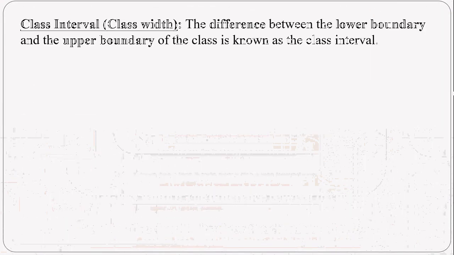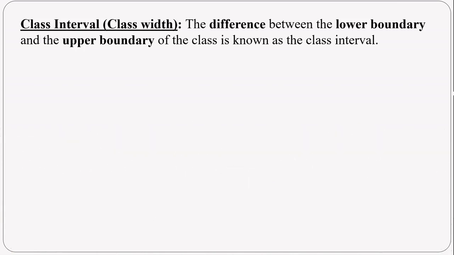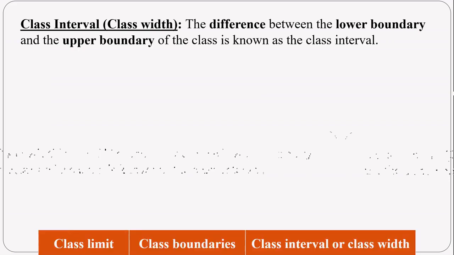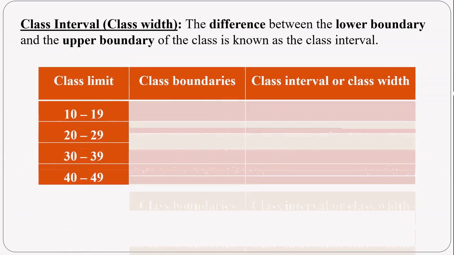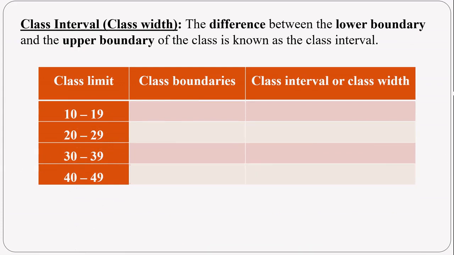Now how to find the class interval, or class width? You need to take the difference between the lower boundary and upper boundary of the class. Then only can you identify the class interval. Let me bring an example. Okay, the class limit, the same problem; we need to find the class boundary.